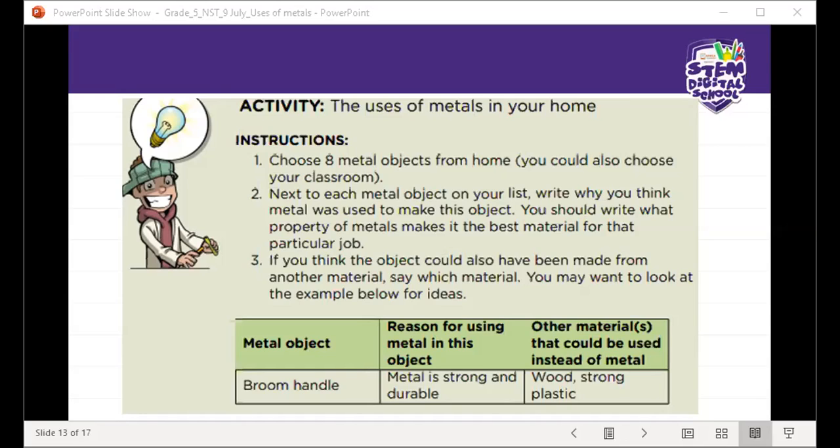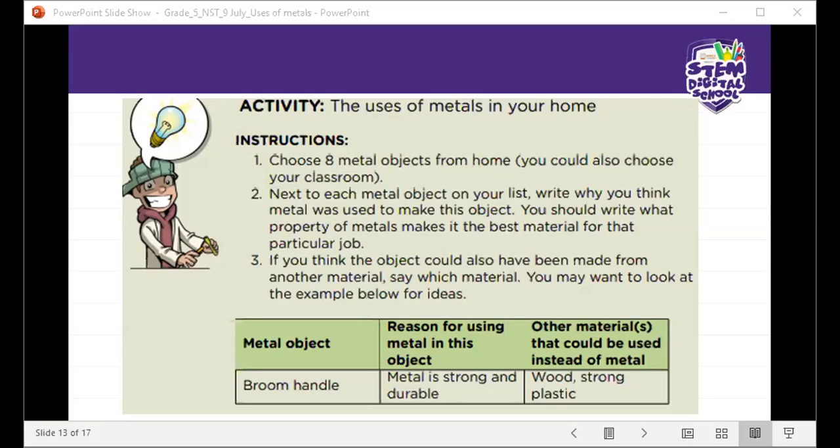So basically what you're saying is that the metal burglar window is so strong and so hard that when thieves try to break it, they will fail, right? Yes, ma'am. Okay, so instead of metal, do you think we could use a paper burglar window, a wood burglar window, or a plastic burglar window?